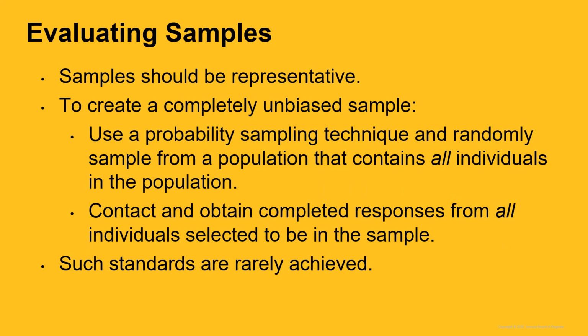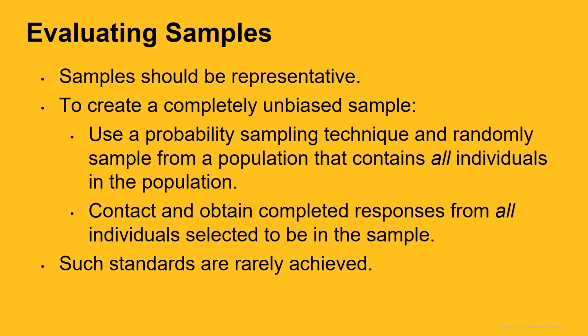Thinking about how to sample the population for a particular type of research, we should try our best to ensure that the sample that we are examining is as representative of the population as we can, because otherwise the information is not particularly useful. Also, we want to do everything we can to eliminate bias, meaning we are not specifically excluding certain individuals or overly including others because of our own biases or because of lack of access or some other factor.